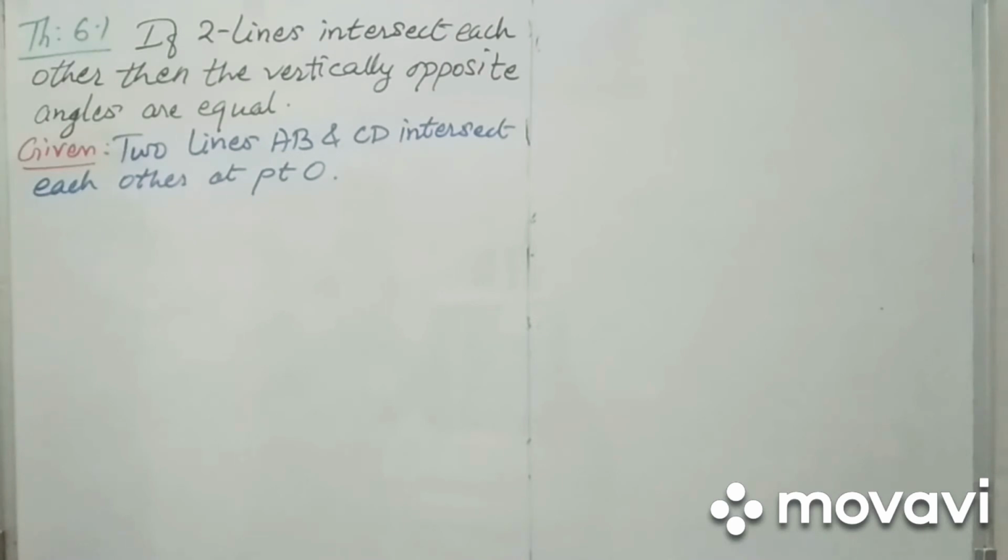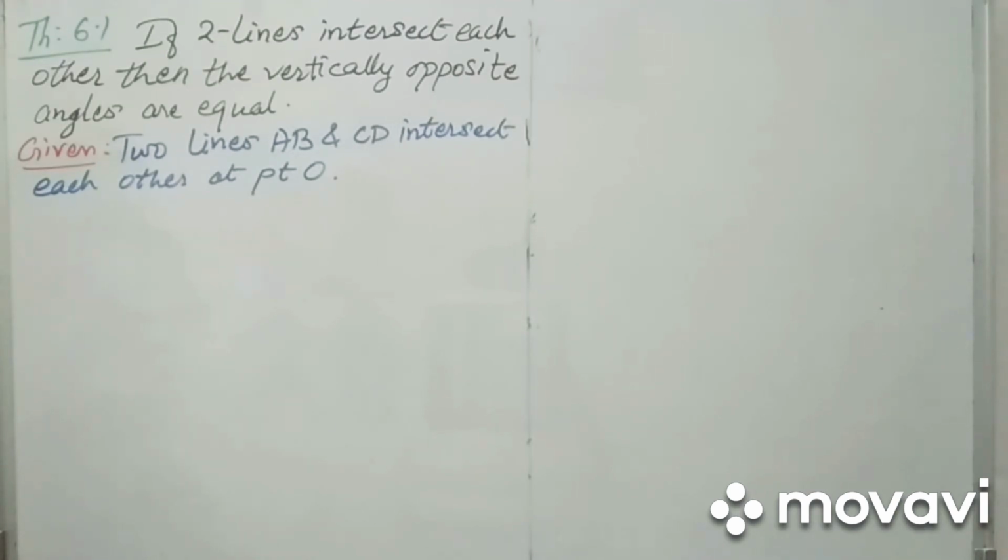Dear students, now we will understand theorem 6.1. Let me tell you what we mean by a theorem. A theorem is a statement which we can prove by logical application. An axiom is a statement which we have to accept theoretically.